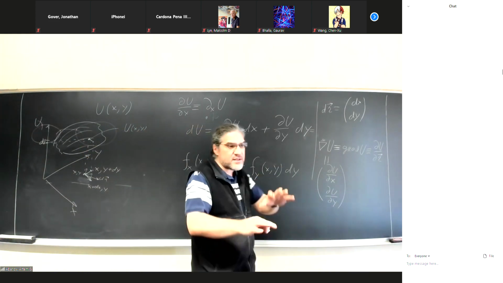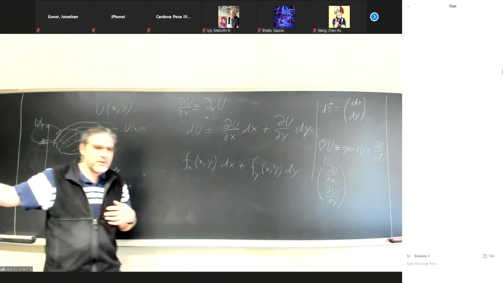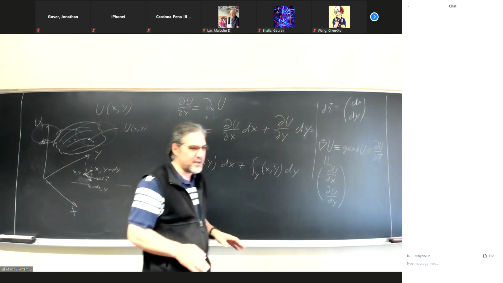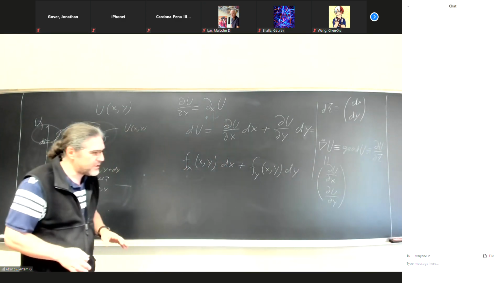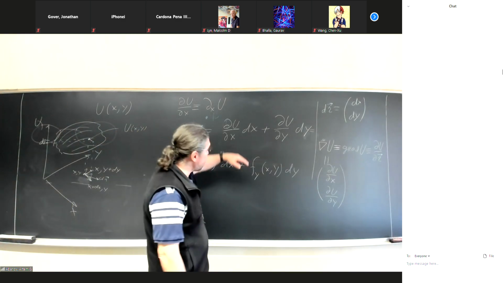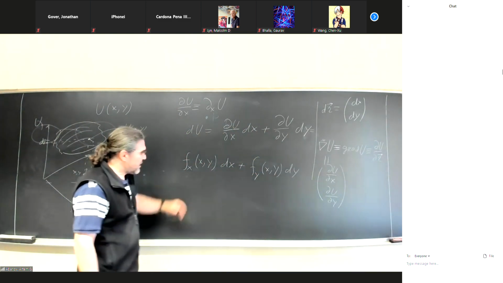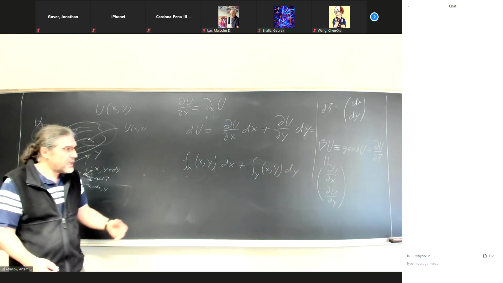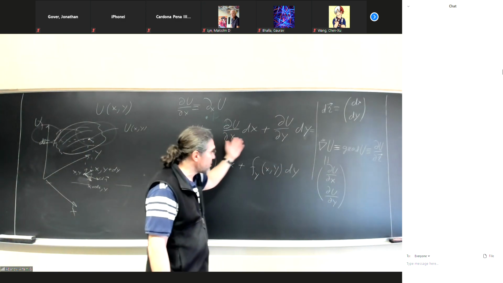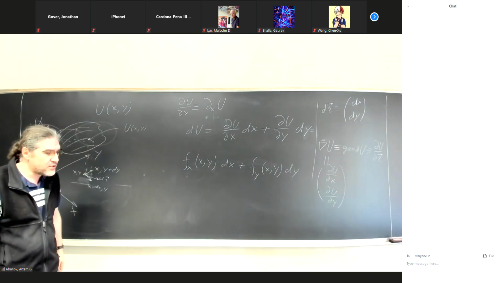Well, let's stick with just two variables for now. And in case of a lot more variables, it's almost the same. So it's actually not a big difference. But let's stick with just two variables, x and y. So I have this, right? Now, I know that if I have function u, I can write this expression, and it will be a full differential by definition, the full differential of the function u.